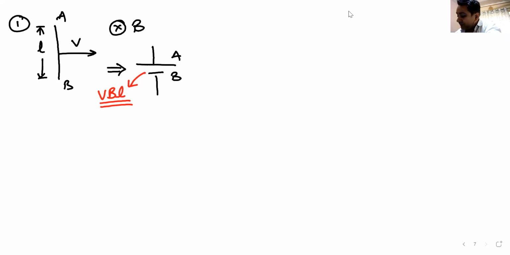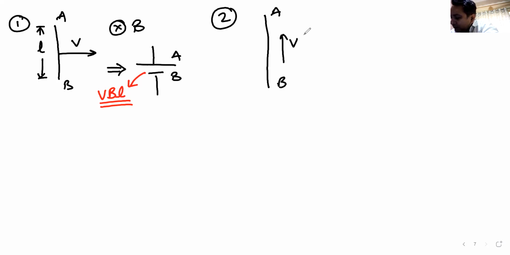What's our next, sir? Next is case number 2. AB is like this, length is L, velocity is like this, or velocity is like this. What will be the answer here now? If I move it like this or like this, parallel to its length, what will be the answer here? 0.